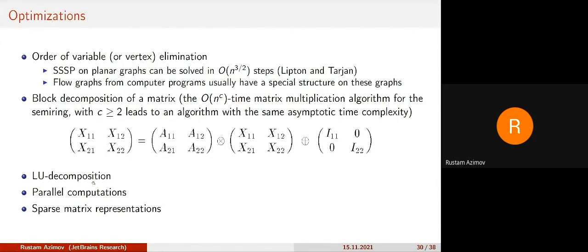And also, when we implement most of these algorithms, we can use parallel computations and sparse matrix representations.